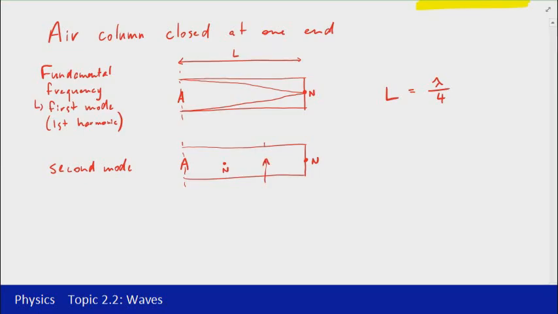So the shape that we're going to get now looks something like this. If you notice, we've got node, antinode, node, antinode. We need to go one more to a node to get to the full wavelength. So the length of that air column is 3/4 of a wavelength, or 3 lambda on 4.